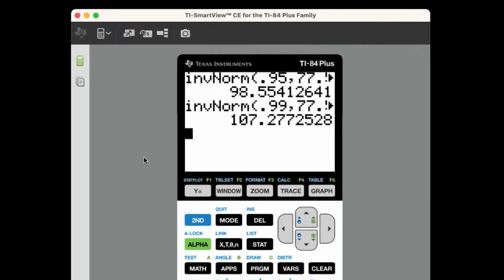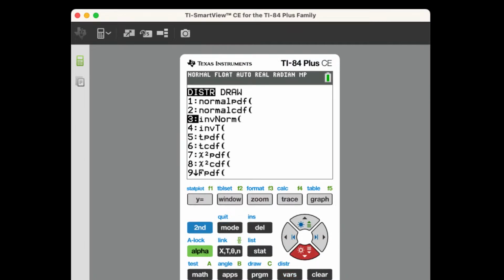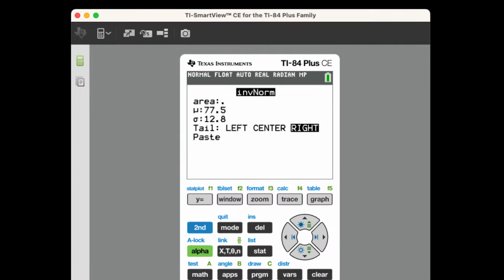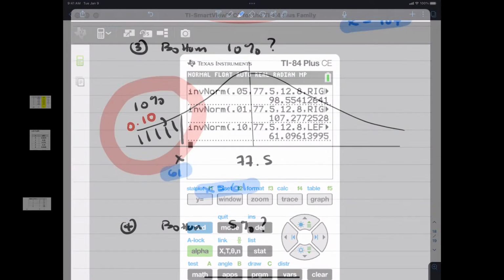If you had the fancy dancy calculator, the one with more options, inverse norm, 0.10, and you want it to be a left tail, enter, paste. What do you get now? 61. There you go.